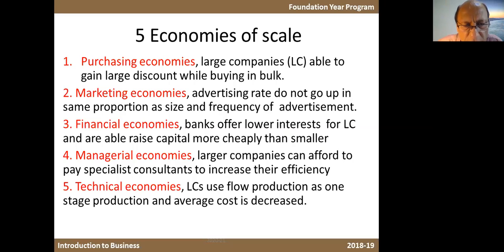Managerial economies. Large companies can afford to pay highly skilled specialist consultants to increase their efficiency. So they are able to hire them.